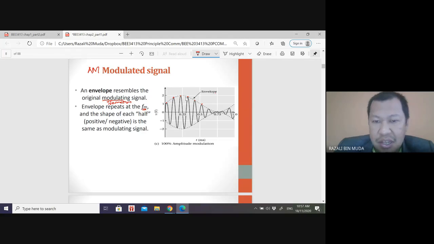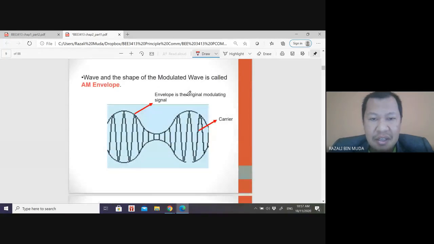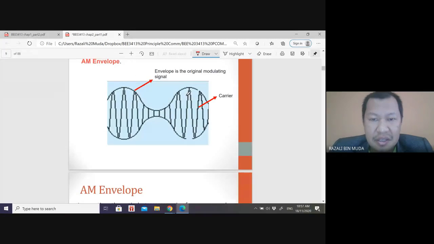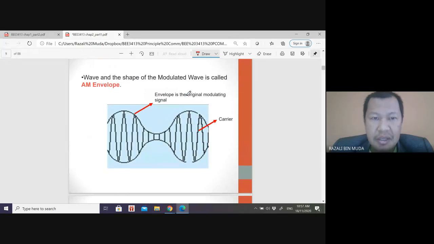So this is like an envelope, sampul. The wave and shape of the modulated wave is called the AM envelope. So this is basically the dotted line which resembles the envelope, and the envelope resembles the original modulating signal.